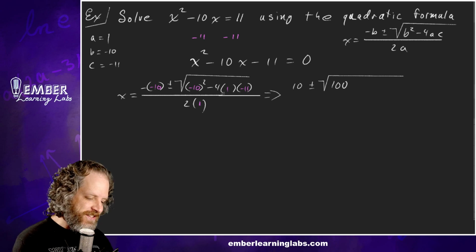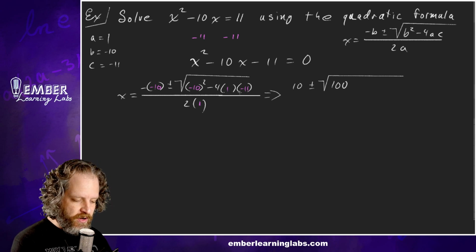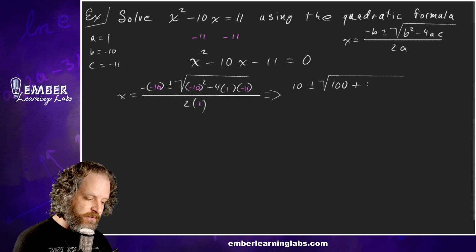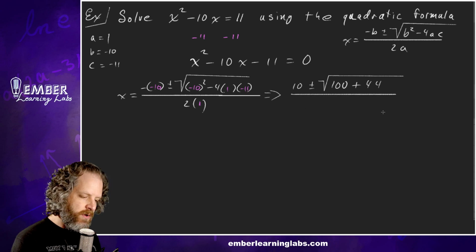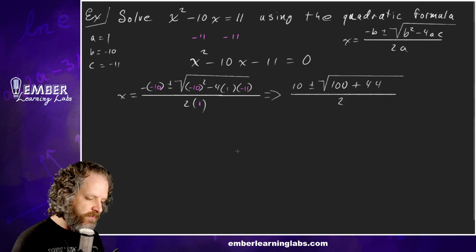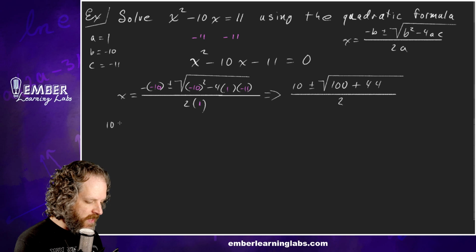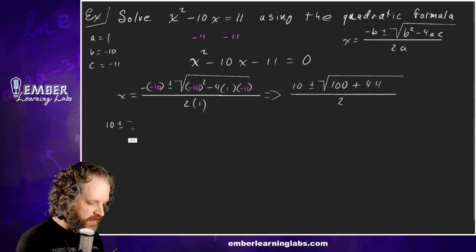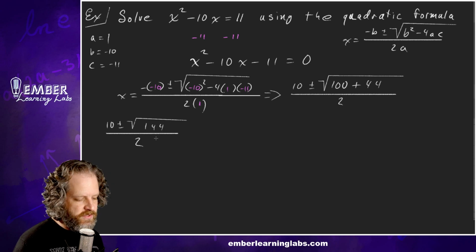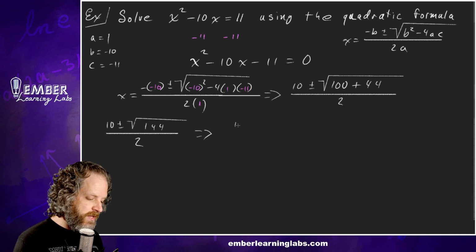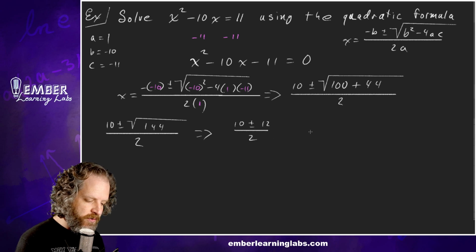Then negative 4 times 1 times negative 11 is positive 44, and 2 times 1 is 2. So we've got 10 plus or minus the square root of 144 all over 2. The square root of 144 is 12, so 10 plus or minus 12 all over 2.